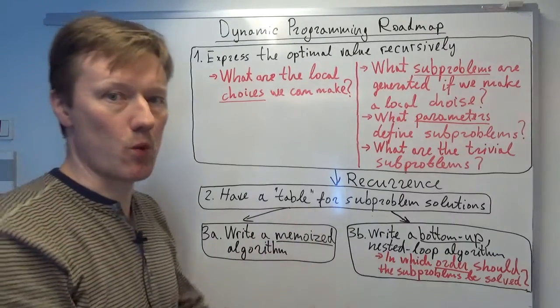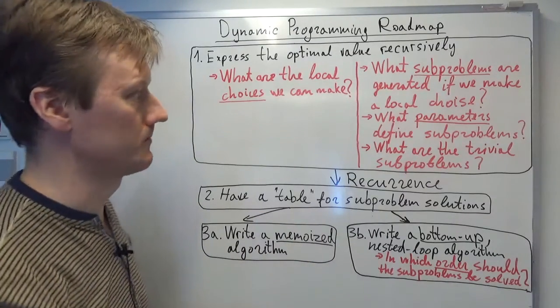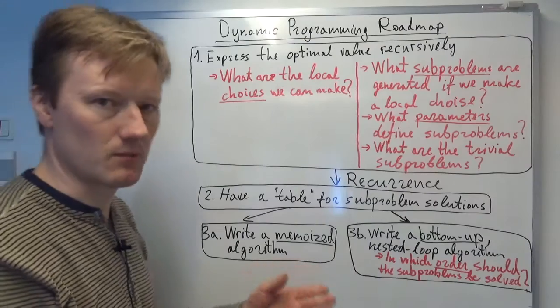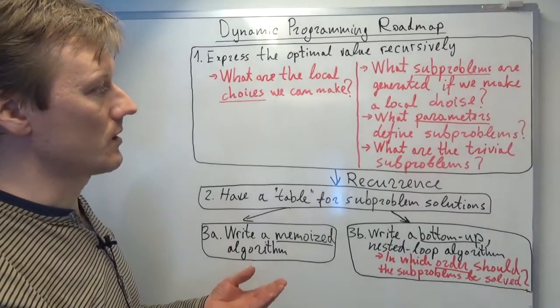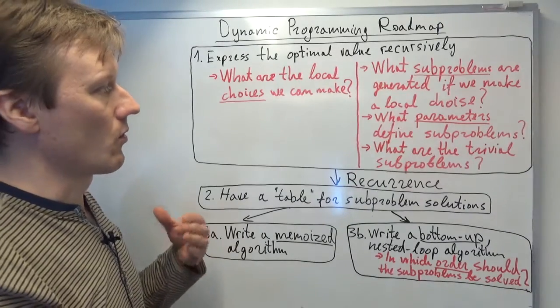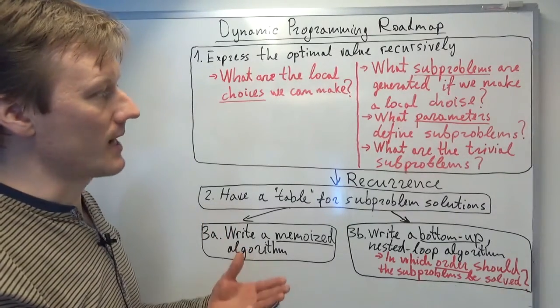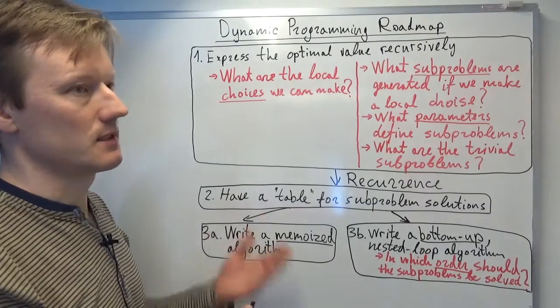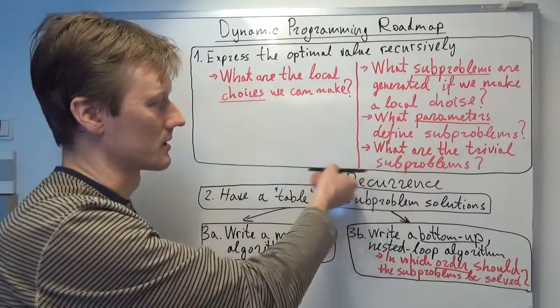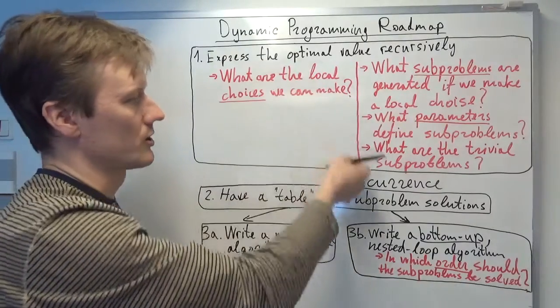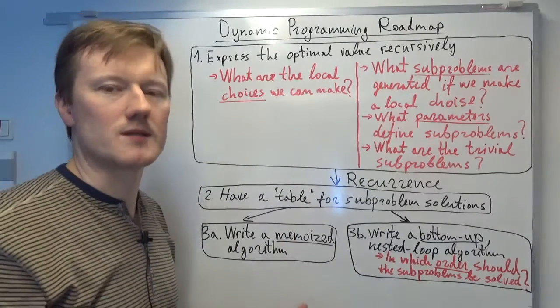In this case, it's just one subproblem that remains to be solved. Sometimes there are more. Then you have to say, okay, what parameters define a subproblem? And finally, to write down the recursive expression, you need to say what is the base case.